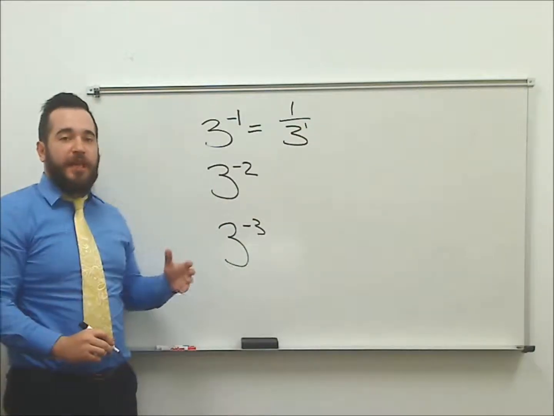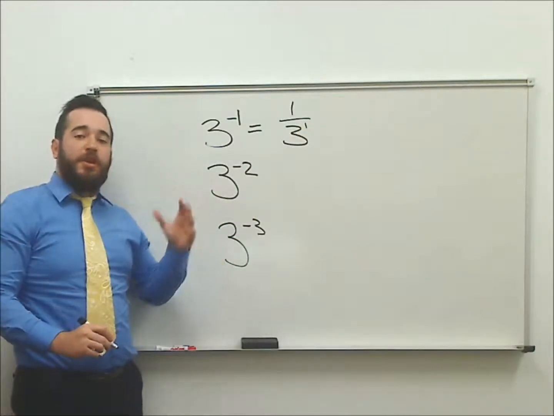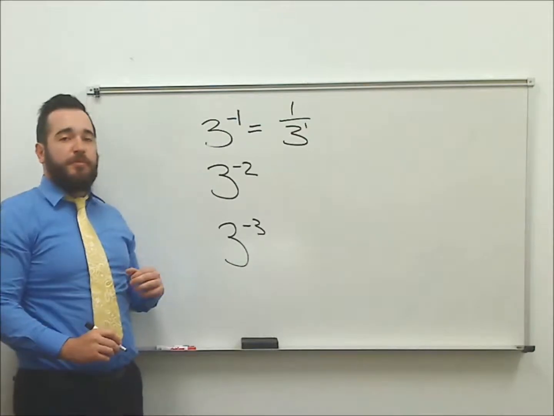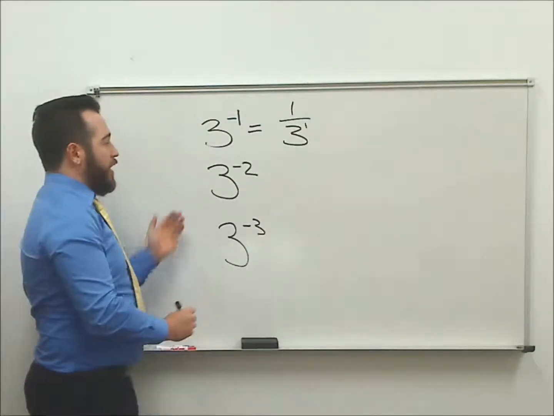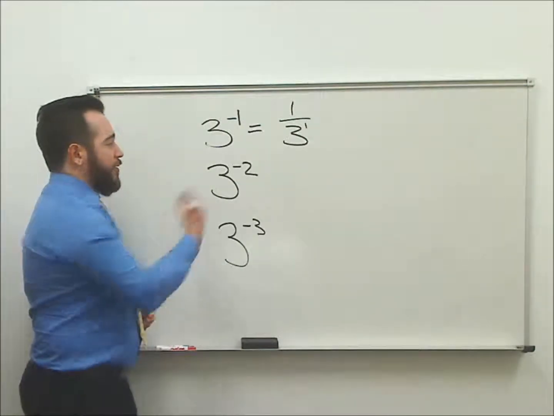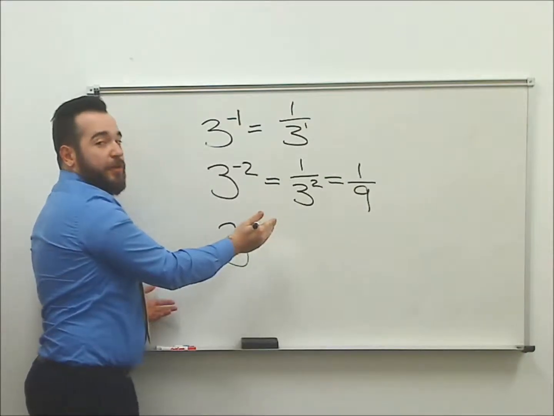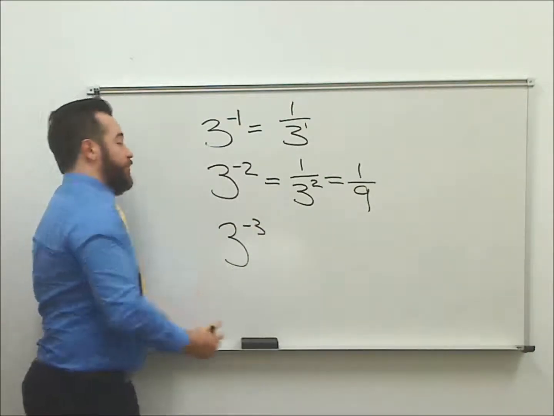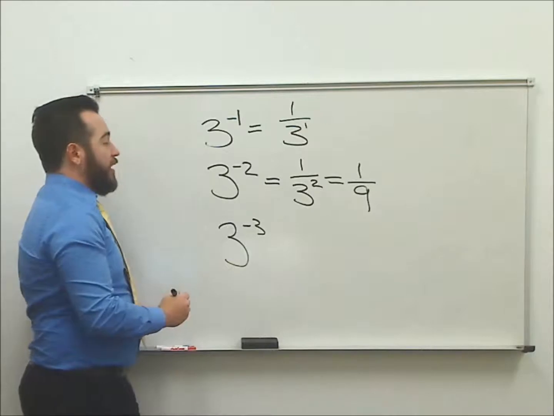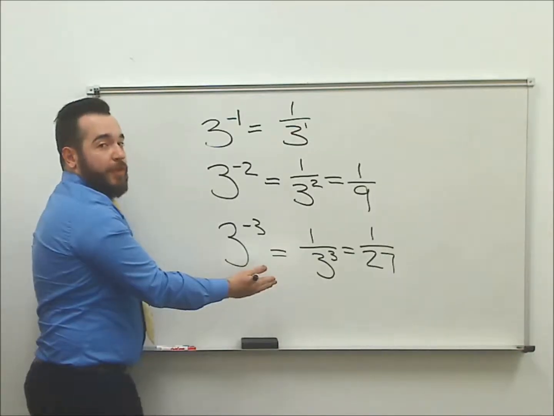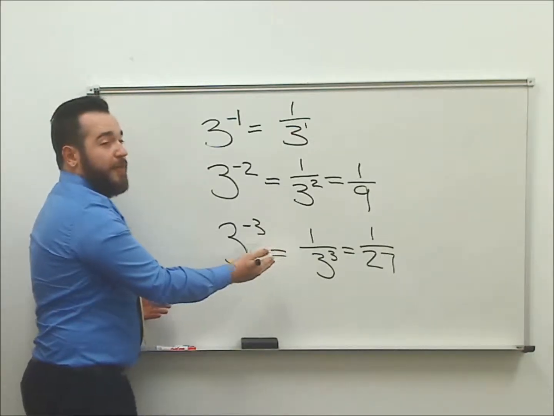When you see that negative exponent, the number's going to go in the denominator. Likewise, 3 to the negative second is 1 over 3 squared, or 1/9. Then 3 to the negative third is 1 over 3 cubed, or 1/27.